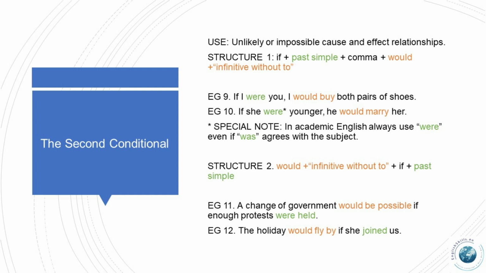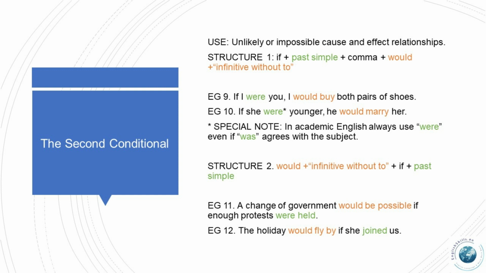So we've gone from the present simple next to if to the past simple. It's getting slightly more complicated as the conditional becomes less likely or more impossible. We then use the comma, of course, after the if clause. Then we use would instead of will now, okay? And again, the infinitive without to.